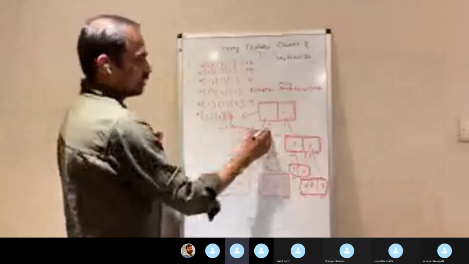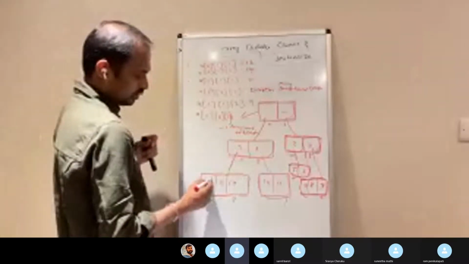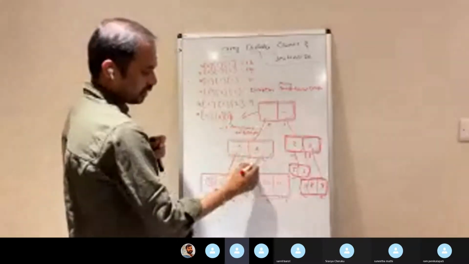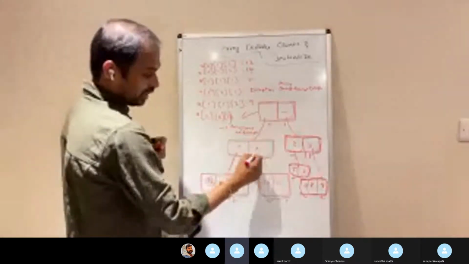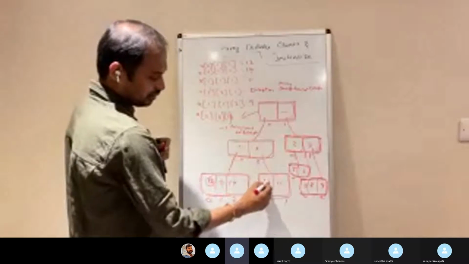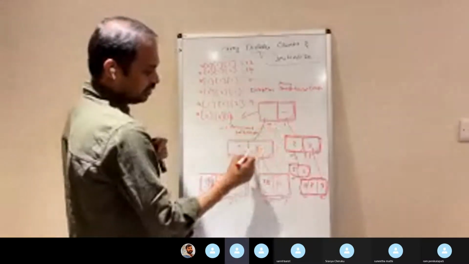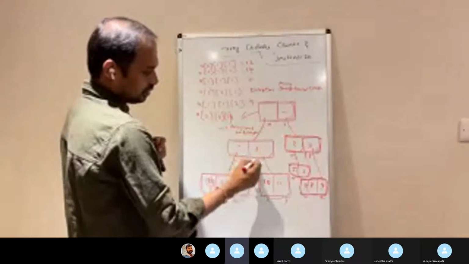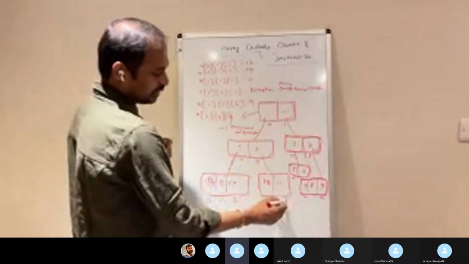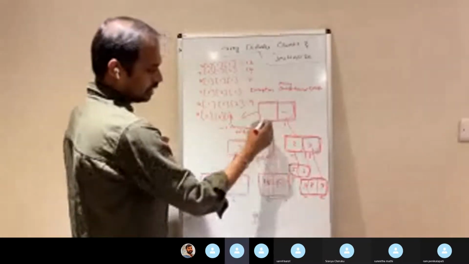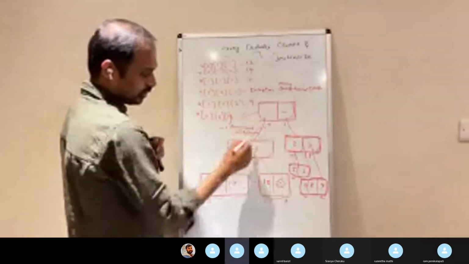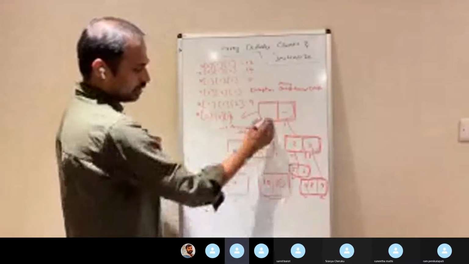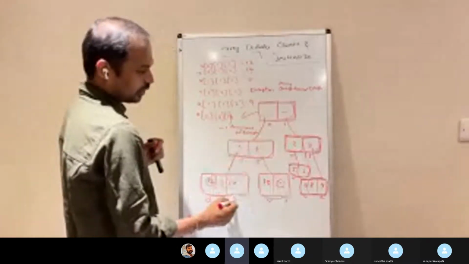Okay, so 0 0 0 12, 0 1 0 10, 0 1 1 11, 0 0 1 13, 0 0 2 14.